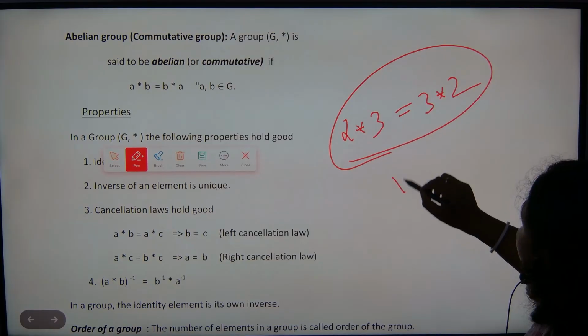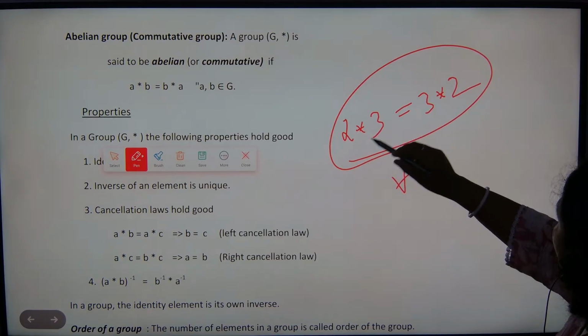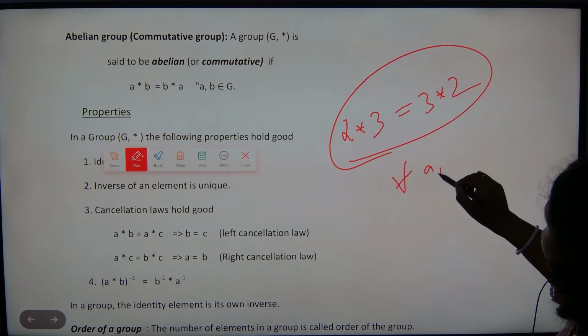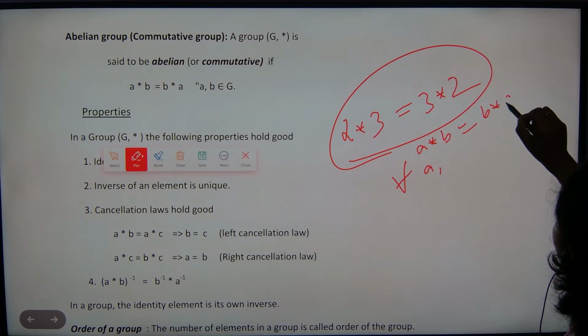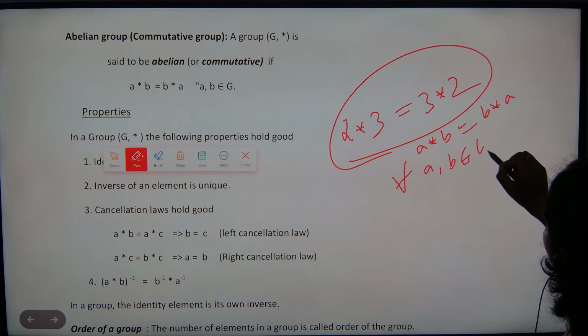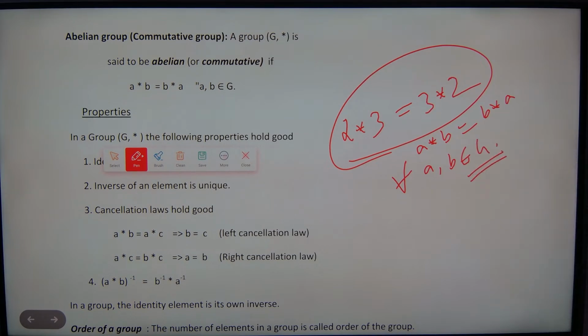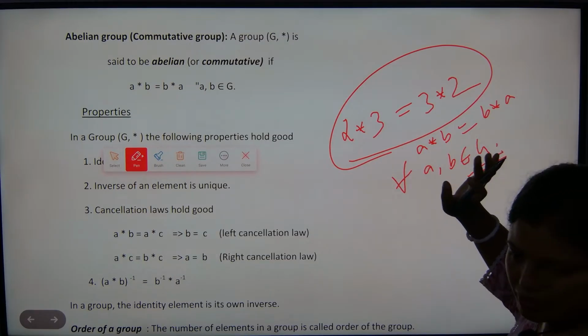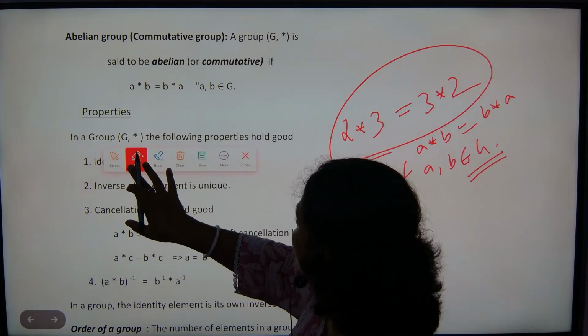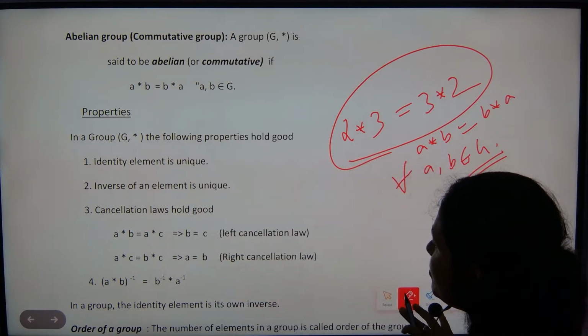For all elements, for all A, B, if you take A B and B A, for all elements belonging to G. For all, মানে G সবগুলো এলিমেন্টের জন্য এটা হতে হবে। Okay, then this group is called abelian.